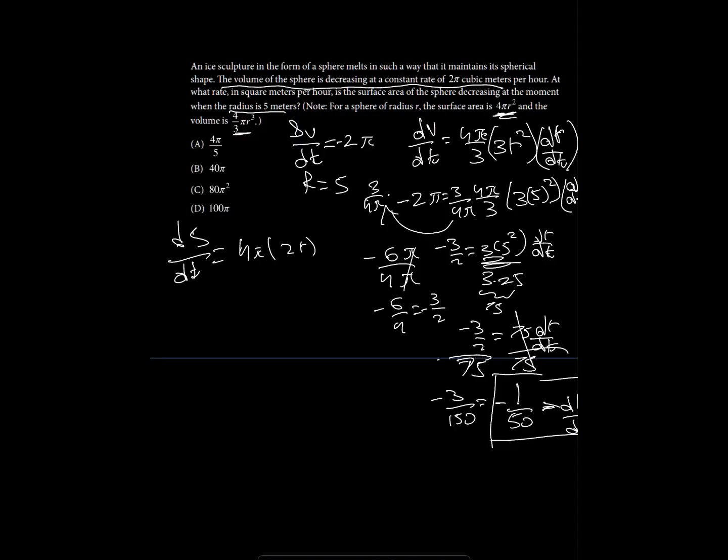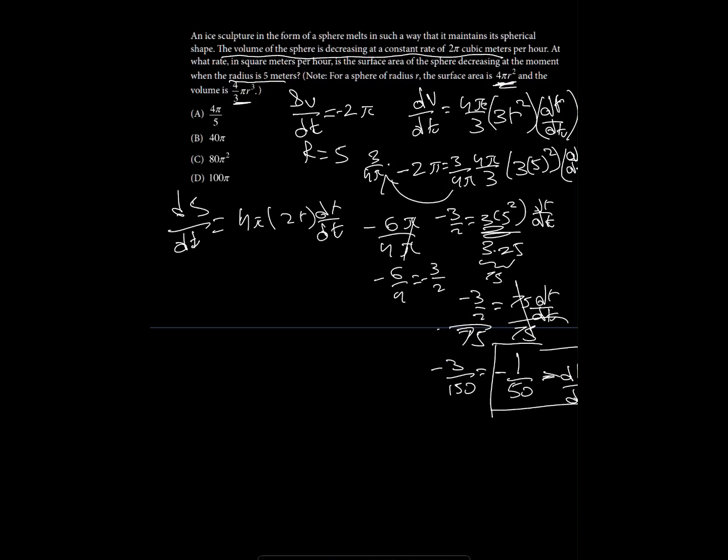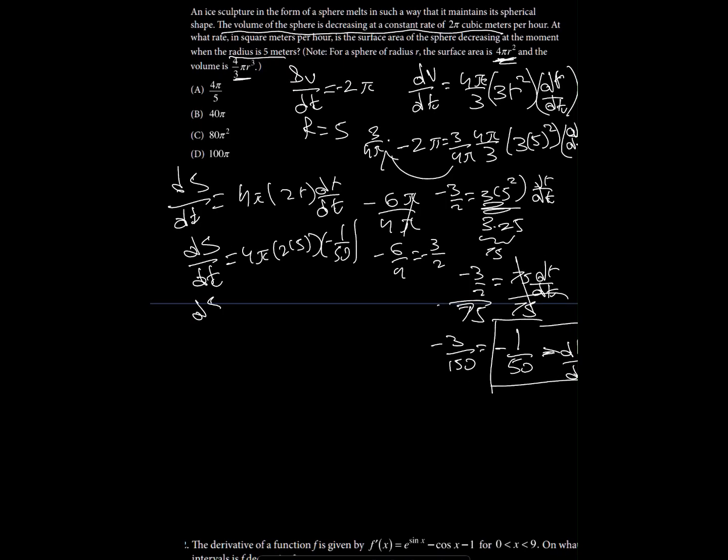So the way we do that is by taking our surface area equation and deriving it. So we can say dS over dt is equal to 4 pi times the derivative of r squared, which is just going to be 2r times dr dt. From here, we can just plug in everything.